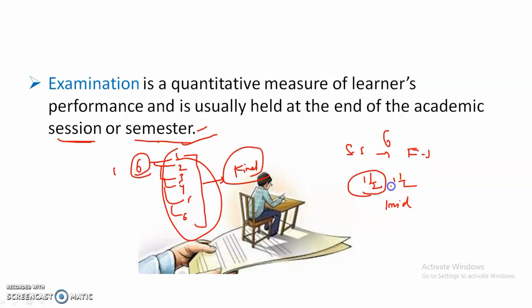After completion of 1.5 months, we conduct one mid exam, and after another 1.5 months, we conduct another mid exam. So all these things come under the process of examination. Anyhow, it is a quantitative measurement of the learner's performance, right? As per the examination conducted at the midterms or the final semester exams.